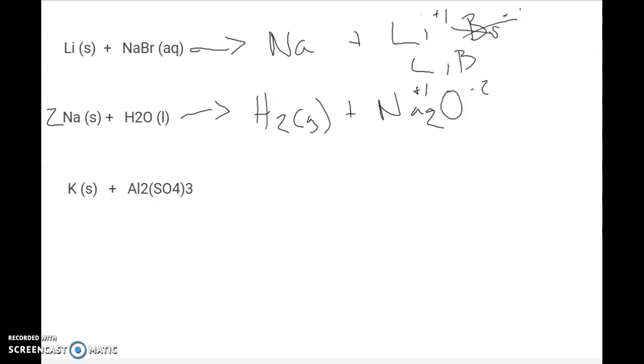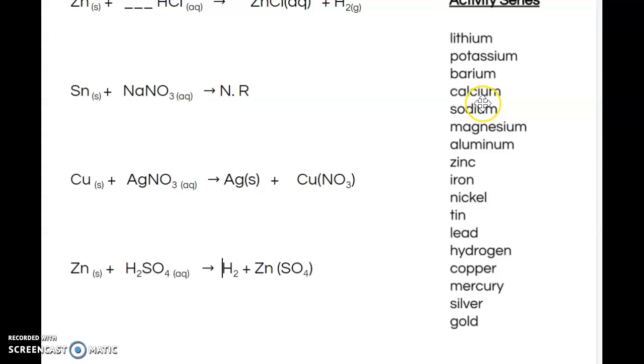Okay, and then I have potassium plus aluminum sulfate. Is potassium going to displace aluminum? Let's take a look. Potassium, yes, potassium looks like it will displace aluminum. The reason I know that is because in the activity series, potassium comes significantly higher than aluminum, and aluminum is right here.